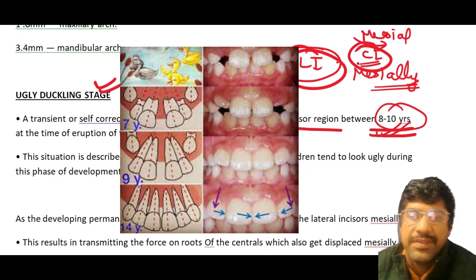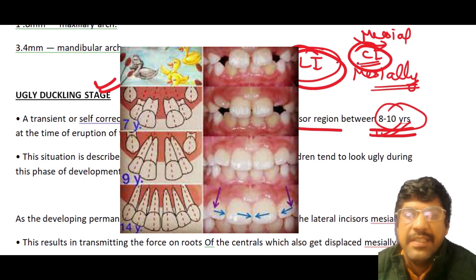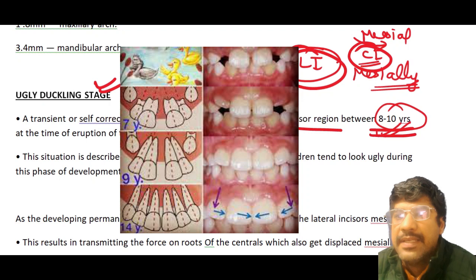So that affects the roots of central incisors, causing the mesial displacement. This displacement would lead to divergence of the crowns that results in a temporary midline spacing between the two. So this is known as the ugly duckling stage.